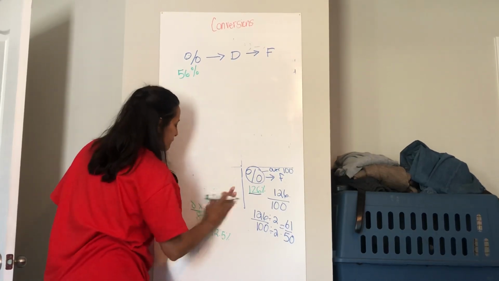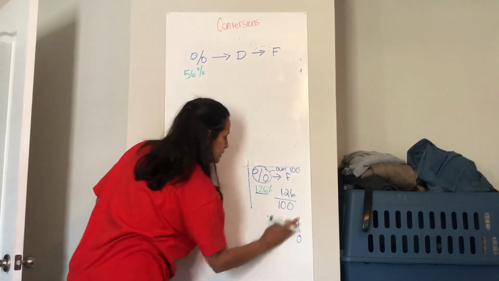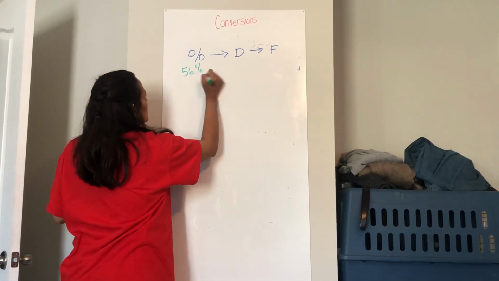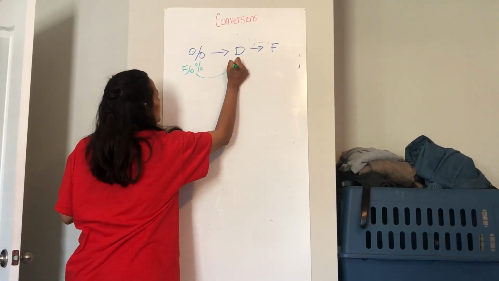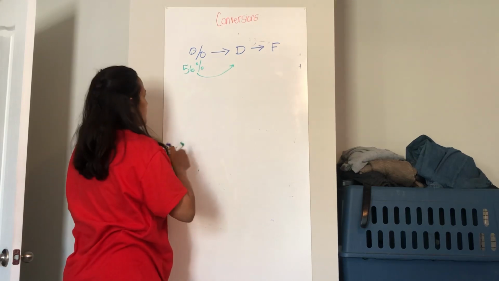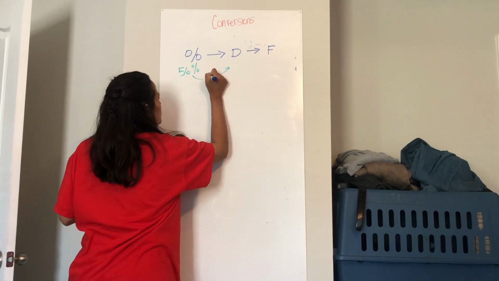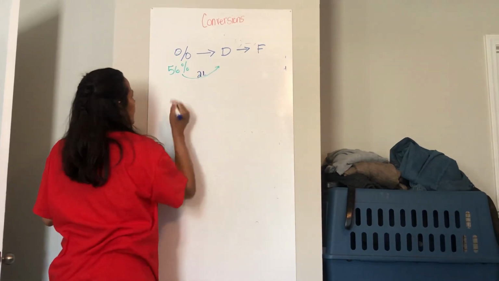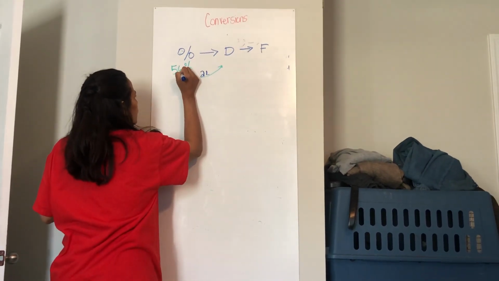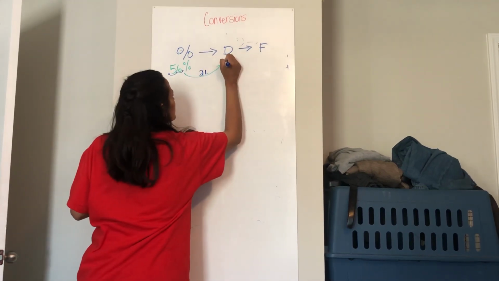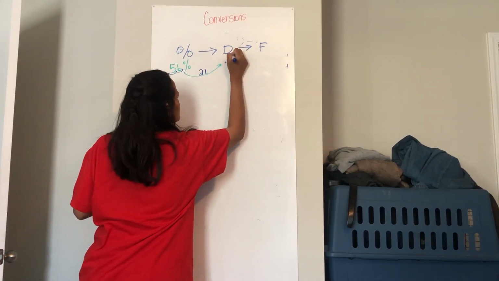Okay? That's what I've given you. And so what I'm going to do is take my decimal and move it 2 places to the left. 1, 2. So this becomes 0.56.